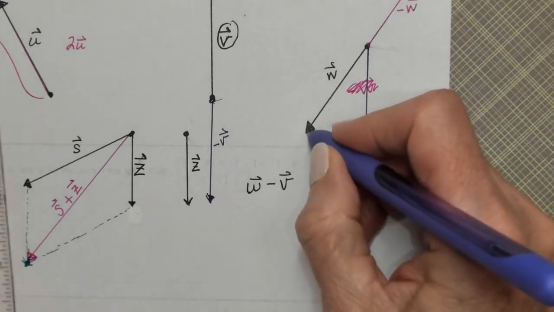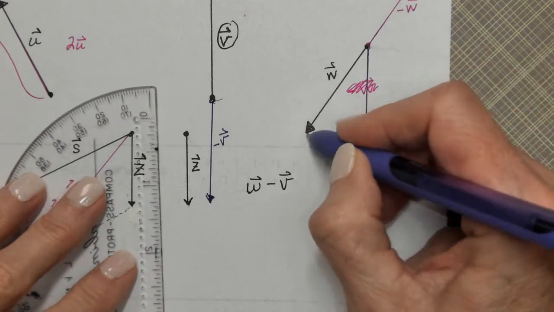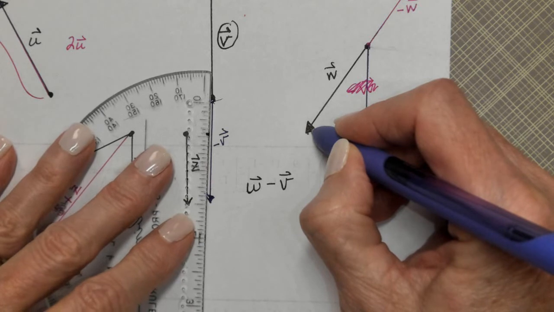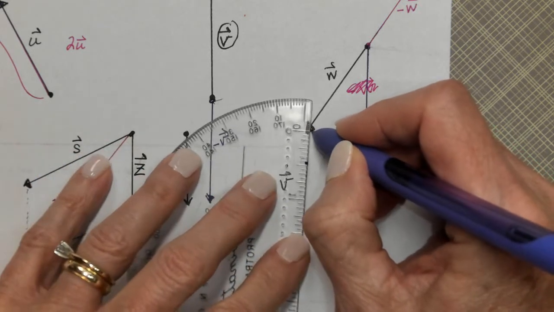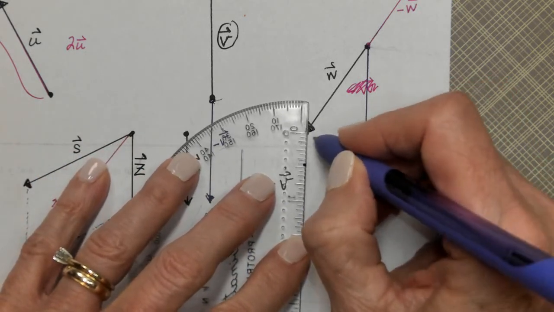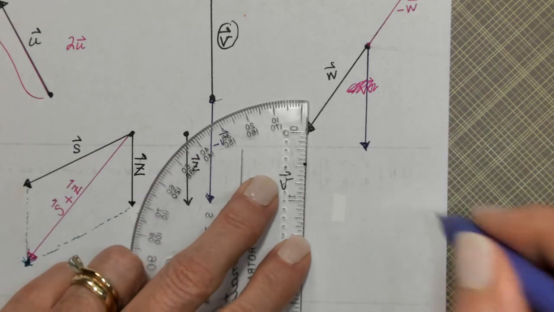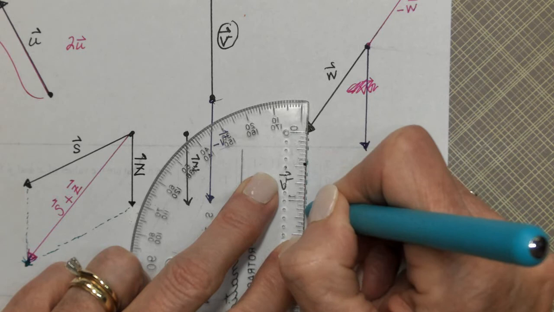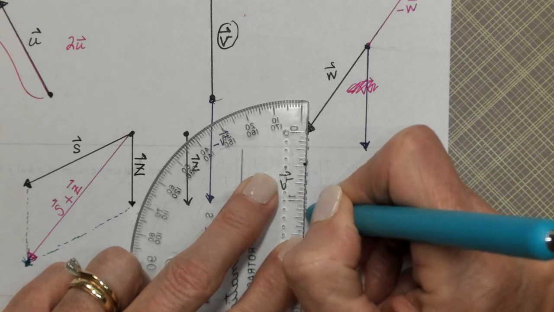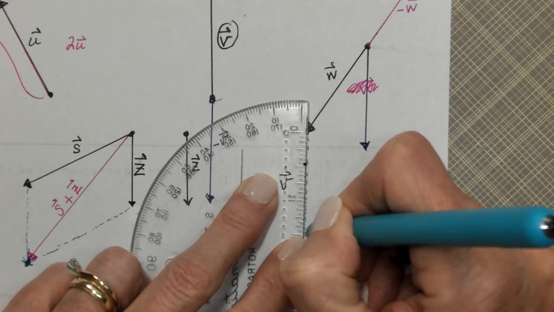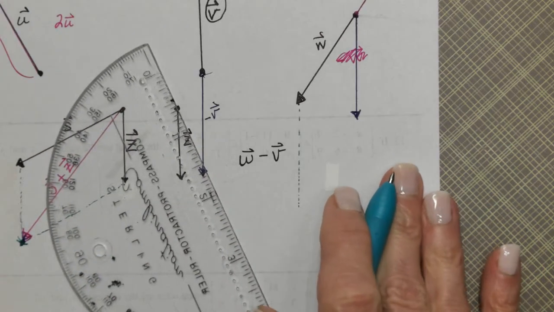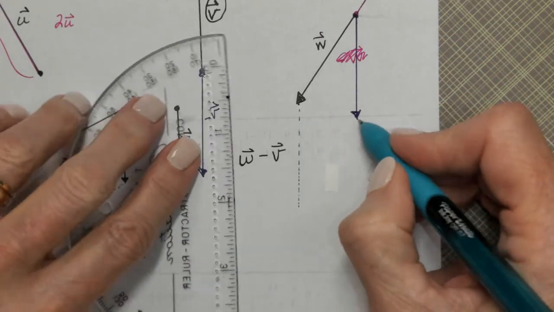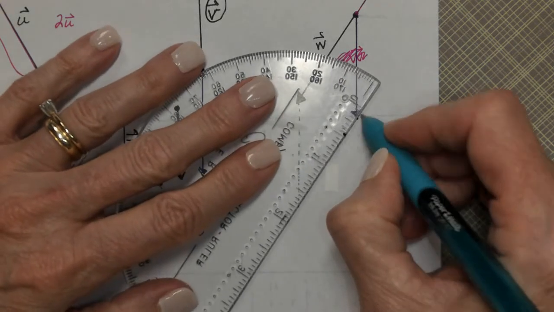So I'm going to draw this over here. Once again, I've forgotten how long that is. Okay, right there. Does it go all the way down here? Yeah. Then I'm drawing w on its end, making that little parallelogram.